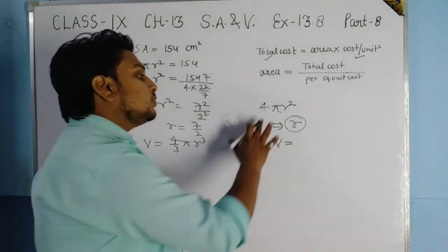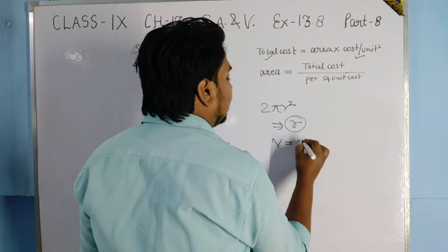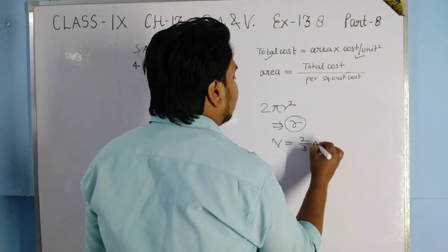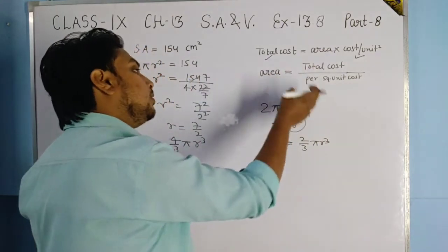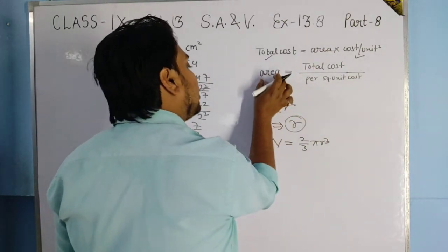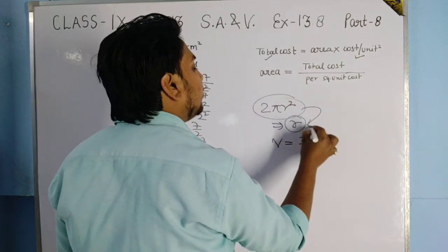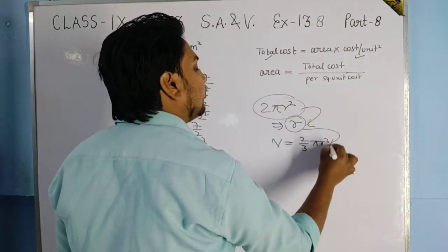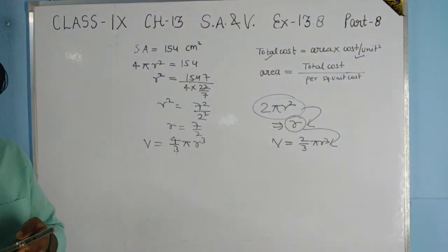So for a hemisphere the curved surface area is 2 pi r square, and the volume is 2 by 3 pi r cube. So whatever area you get will be your 2 pi r square. From here you will find r, and from here you will find the volume. So like this you will solve this question.